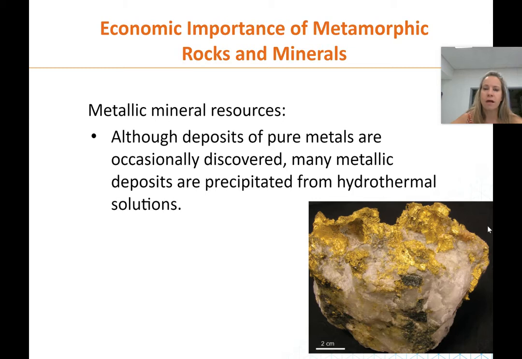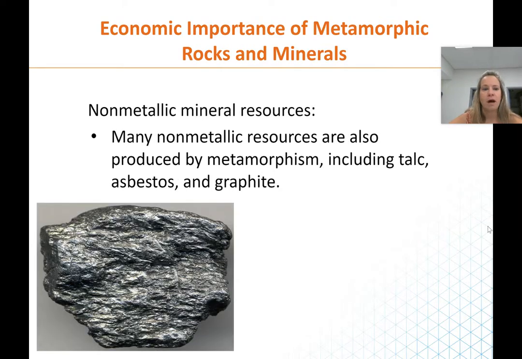Those metallic deposits are from hydrothermal venting. And then we have graphite. We use graphite for our pencils, so that would be a good example of a non-metallic metamorphic product. We also have other non-metallic things like talc and asbestos.